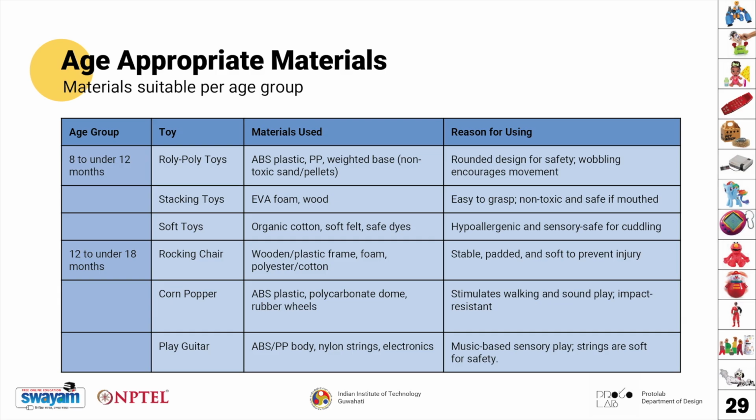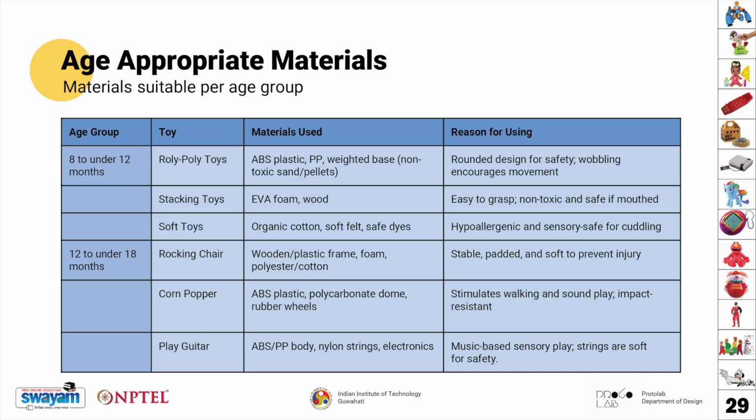The rounded structure allows the toy to wobble and return to its upright position, encouraging babies to reach, push, and interact with it safely. Another important category is stacking toys, typically made from EVA foam or wood. These materials are lightweight, non-toxic, and easy for small hands to grasp.